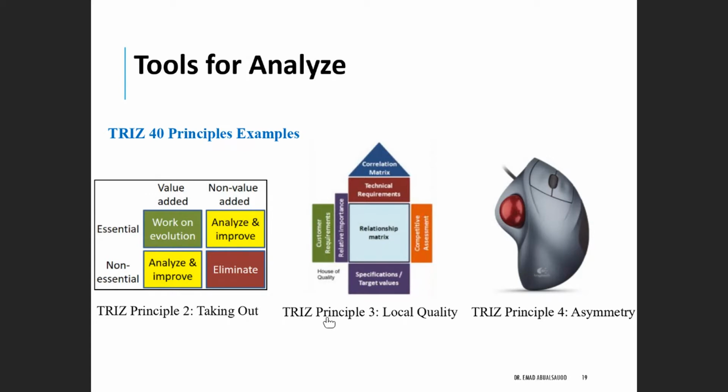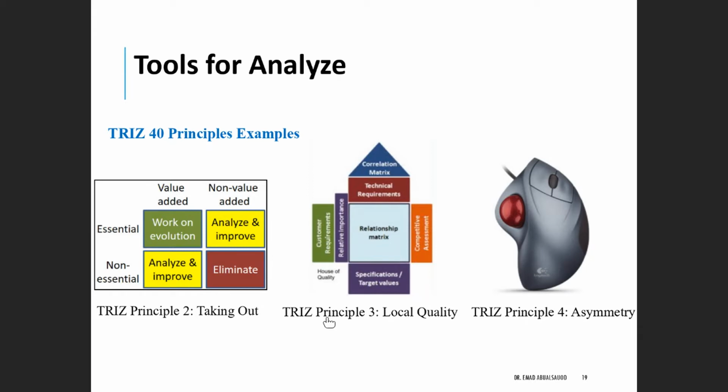And here, local quality, I intentionally use this tool because we have used it in the previous session, which is the house of quality. House of quality is representing the local quality. You want to see how you evaluate your current quality and how you develop your product based on your customer requirements versus the design requirements.